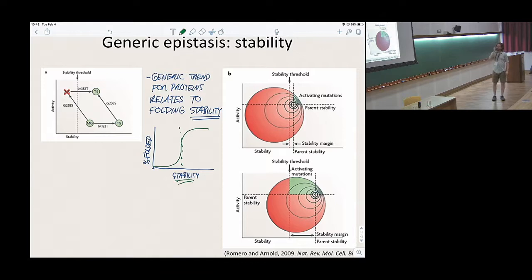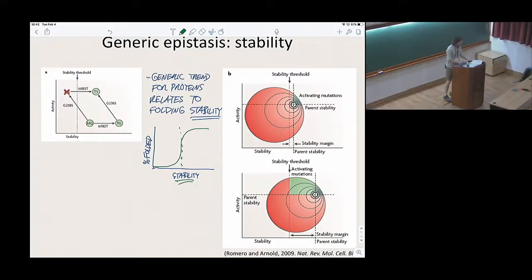And so where does that come into function? That's just folding. It turns out both stability and activity are both rare traits. So if you just put random mutations into proteins, the vast majority of those will kill one of those traits or the other or both.